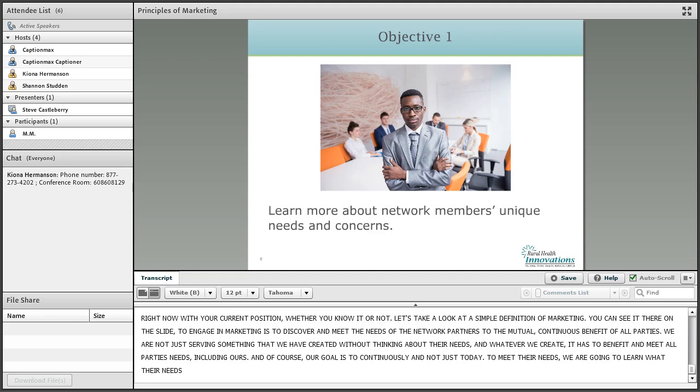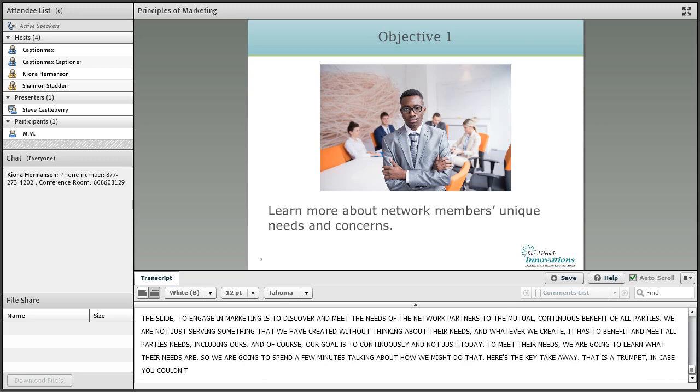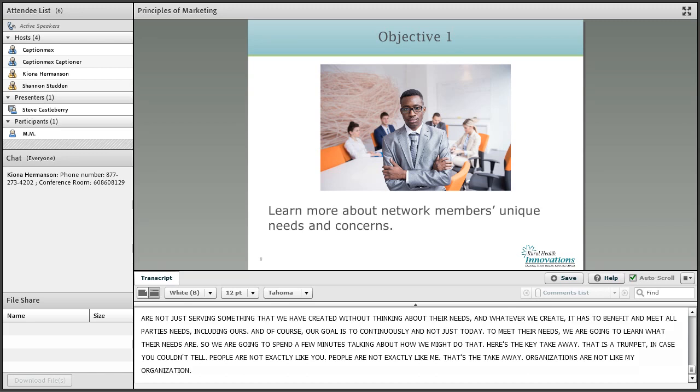To meet their needs, we're going to need to learn what their needs are. So we're going to spend a few minutes talking about how we might do that. Now here's a key takeaway. Da, da, da, da, da, da. That's a trumpet in case you couldn't tell. People are not exactly like you. People are not exactly like me. That's the takeaway. Organizations are not like my organization. And did you get that?